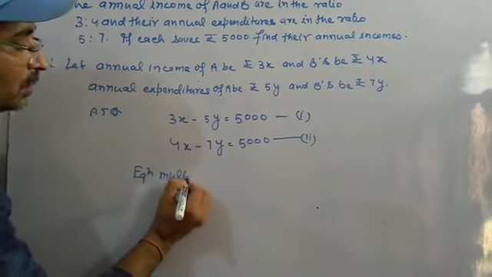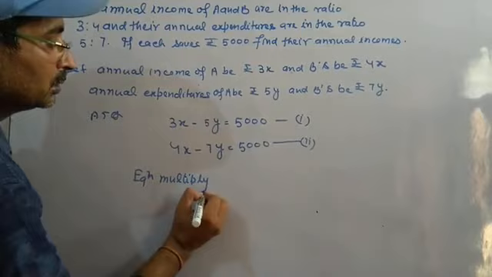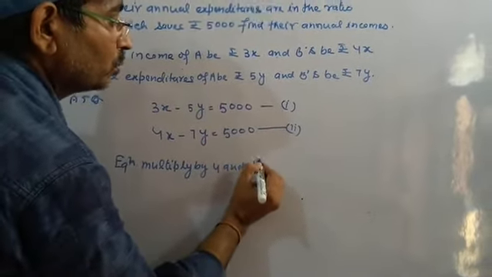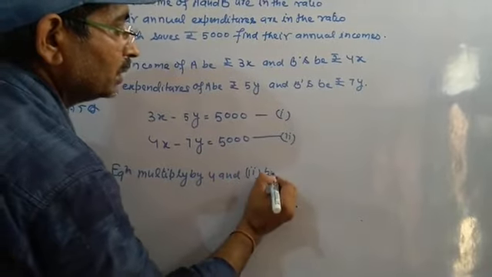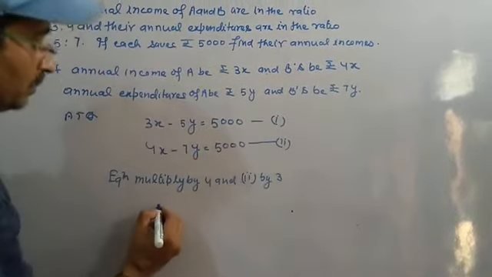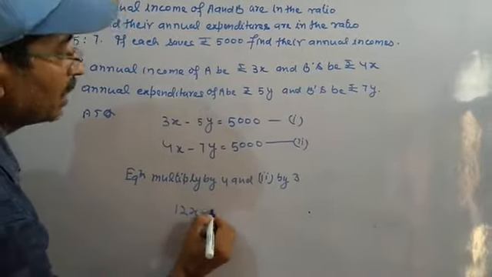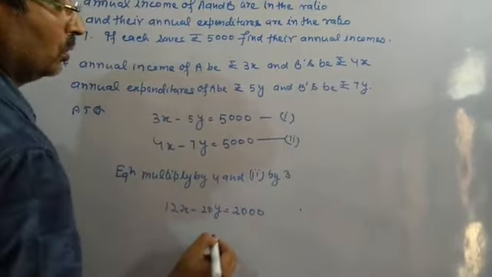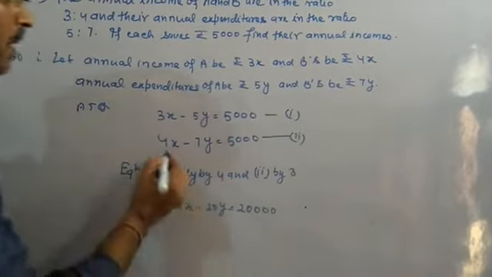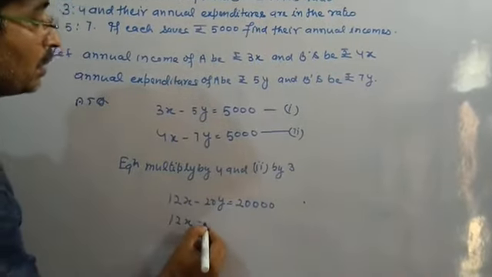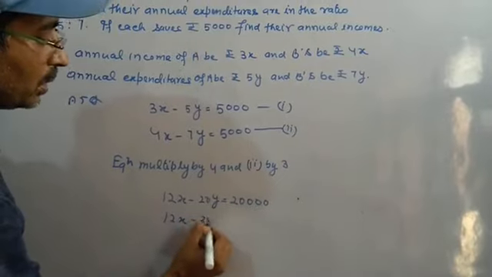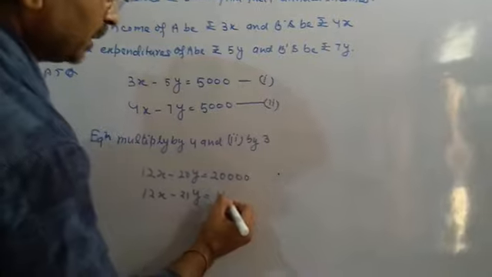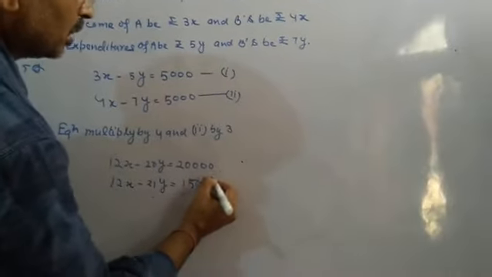Equation 1 multiply by 4 and equation 2 by 3. 12x minus 20y equal to 20,000. 12x minus 21y equal to 15,000.